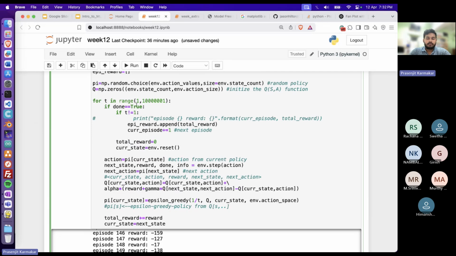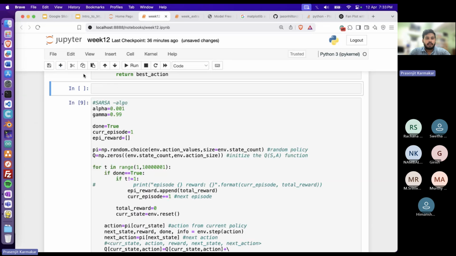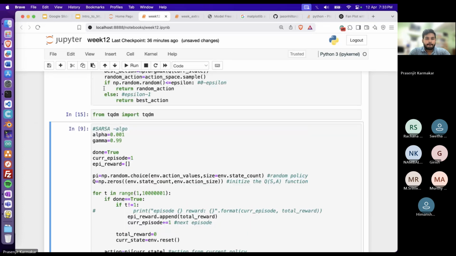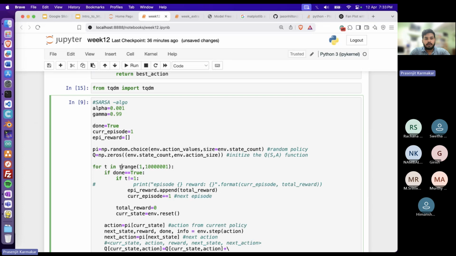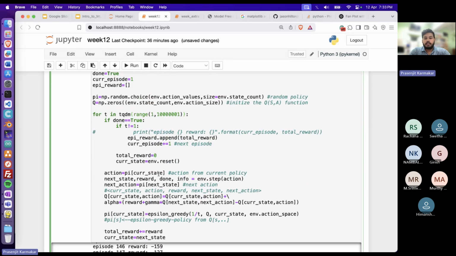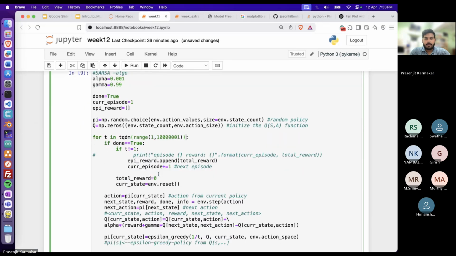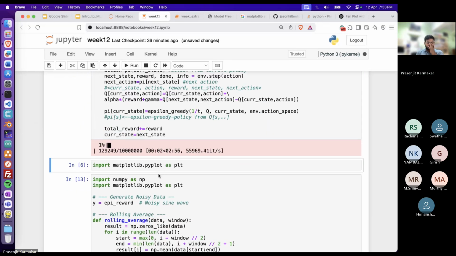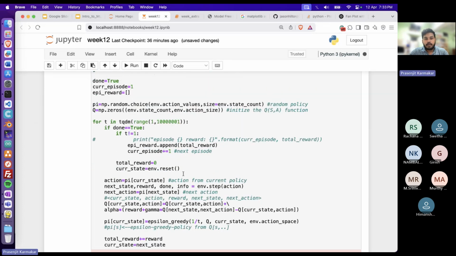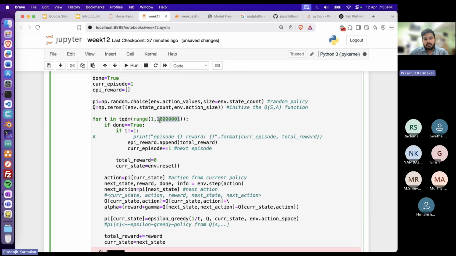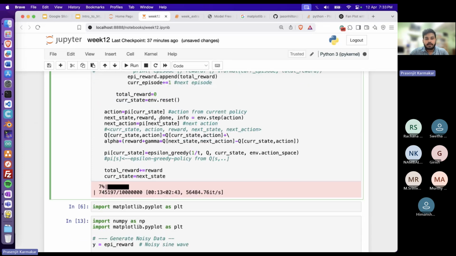Rather, what we can do is use TQDM, so from TQDM we import TQDM, and here I can just do a TQDM, which gives me a kind of progress bar. So now we are going for this many, 1 crore, interaction steps.